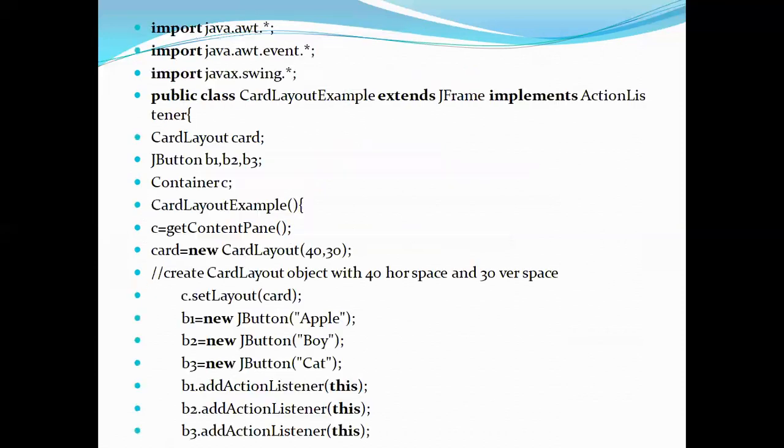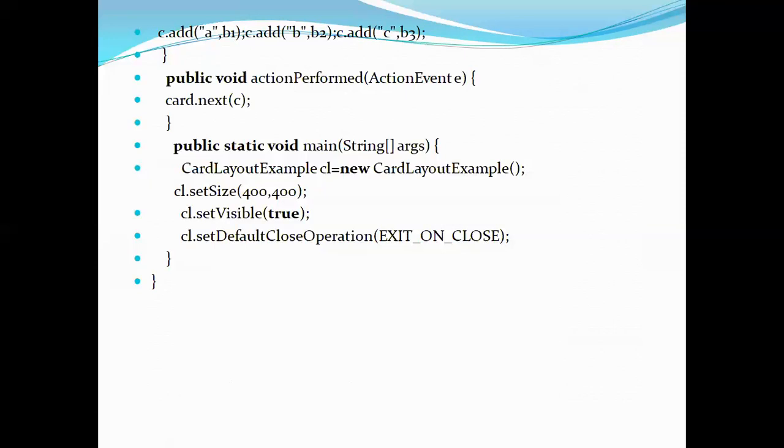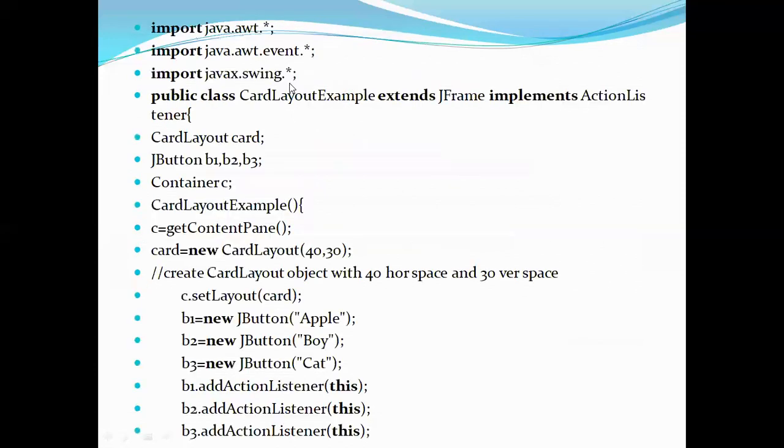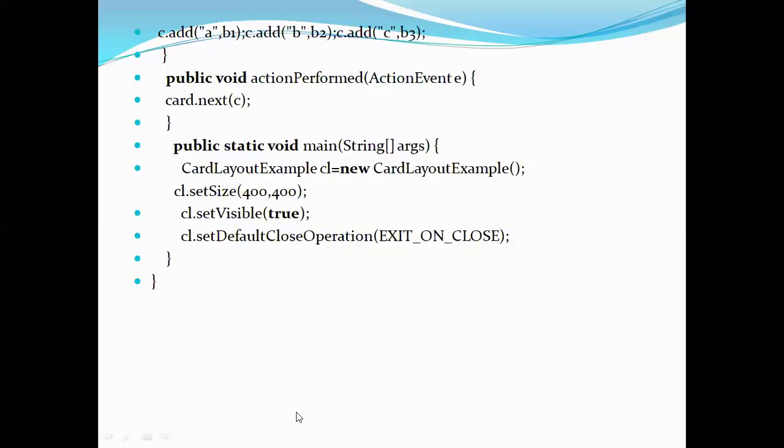Now next thing, just observe this code. In the action performed, we have attached the action listener here. Action listener means it should perform some action when an action happens. What action is it performing? It simply says card dot next C. So in the content pane, whatever is the next one, it should be displayed. That's it.